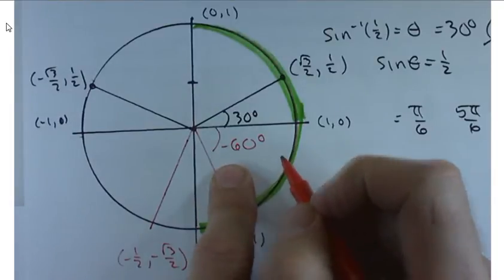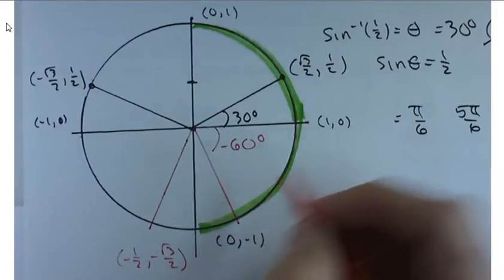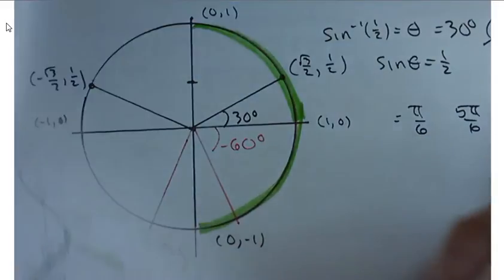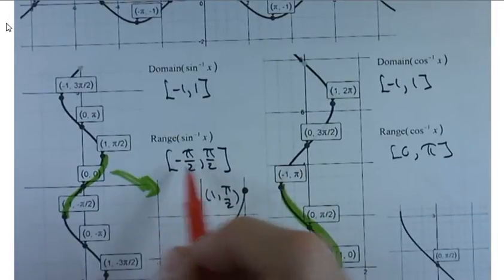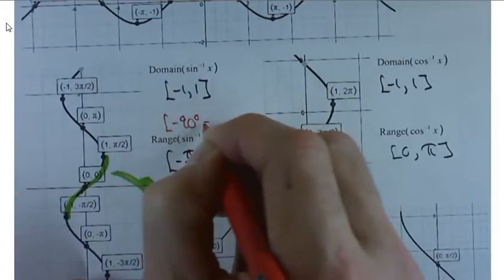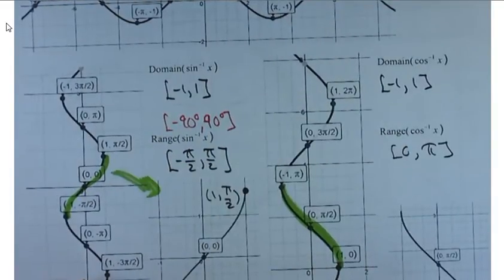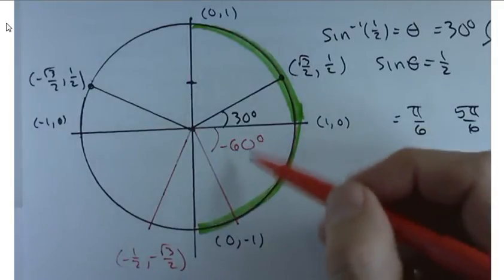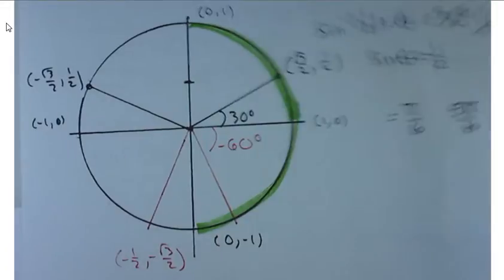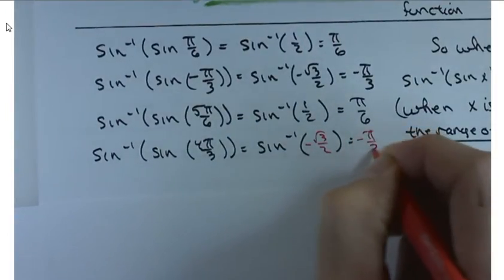Let's keep it at -60 because the inverse sine is going to have as its range -pi over 2 to pi over 2, or in degrees, -90 to 90. -60 falls in that range. Just convert that to degrees, or excuse me, convert that to radians, it's going to be -pi over 3.